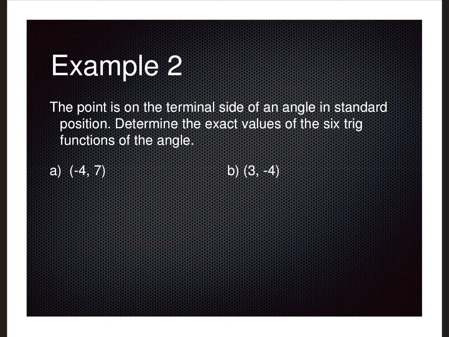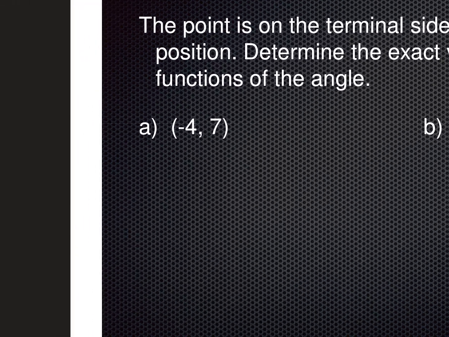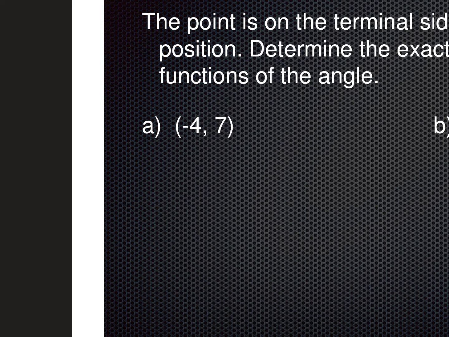All right, example 2, we're doing the same, but it doesn't give us the triangle, which is fine. We can do it without. So -4 is my x, 7 is my y, and then I would just do the Pythagorean theorem to find my r. So it'd be -4 squared plus 7 squared is equal to r squared. So 16 plus 49 is equal to r squared.